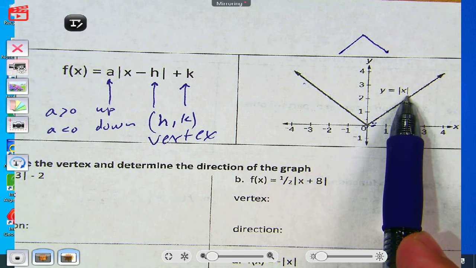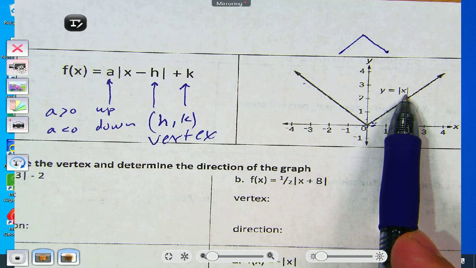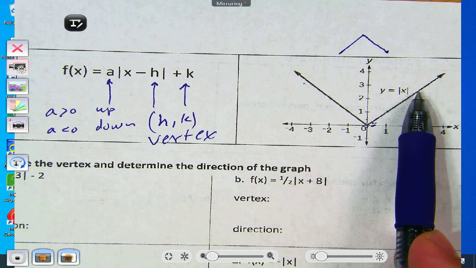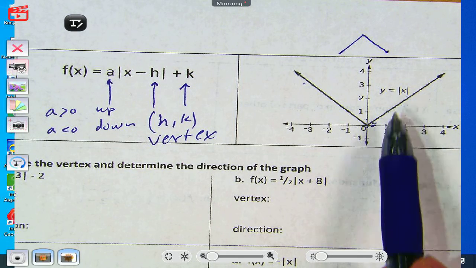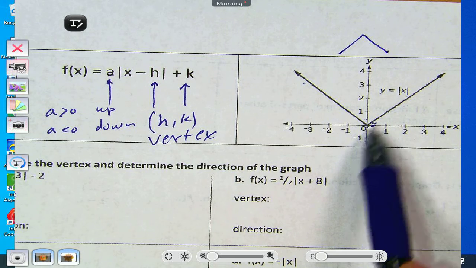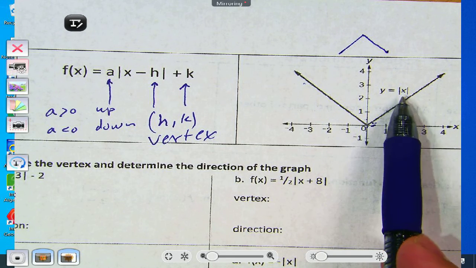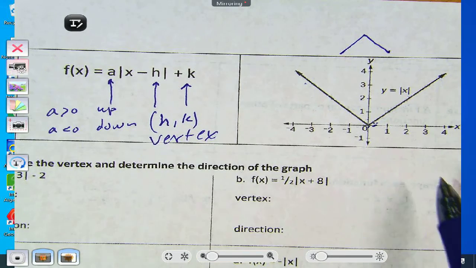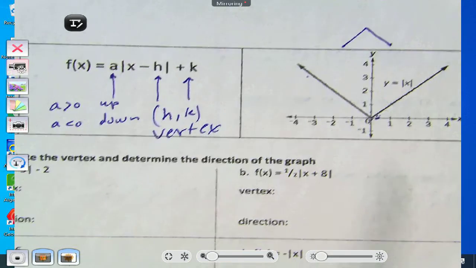And what's being added to x in here? 0 is being added to x, right? If you have just x with no plus anything, that means 0 is being added or subtracted, and outside nothing's being added. So the vertex is 0, 0. That's how I reconcile this expression with this expression, where the h and k are zeros. All right, let's go on.